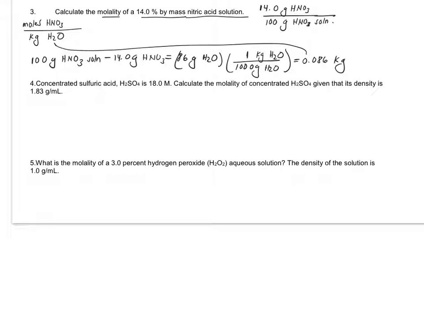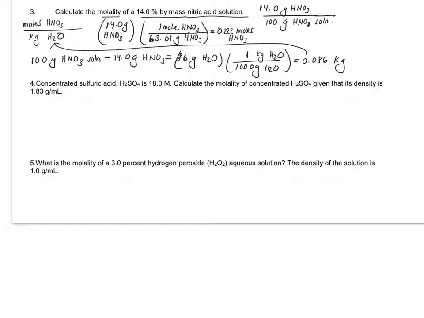What we need to calculate is the moles of nitric acid. So we have 14 grams of nitric acid and we're going to divide by the molar mass. So that ends up being 0.222 moles.